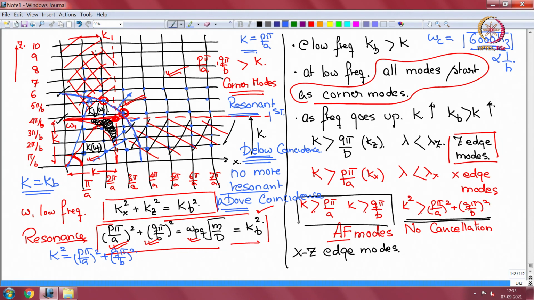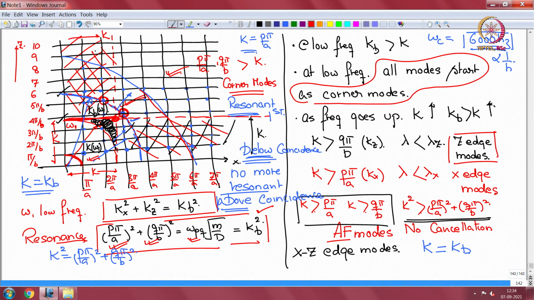Okay, now as time goes by, as frequency further increases, somewhere what will happen is, you will have the actual coincidence. That means the K half circle or quarter circle will lie on the KB quarter circle. Okay, I will show that as this.